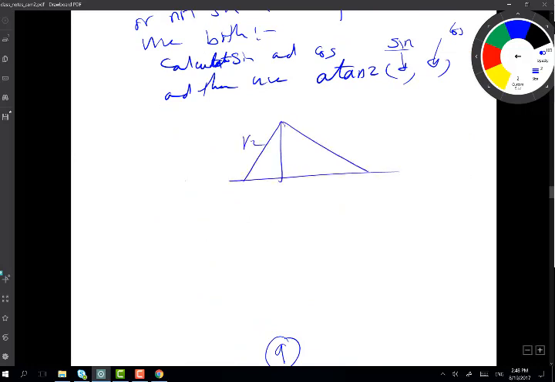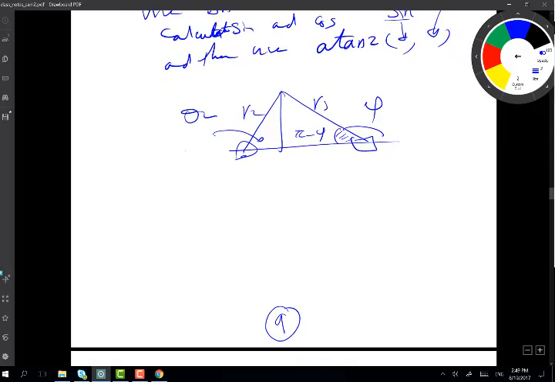This is R2, and this is R3, and this is phi, with theta 2 here, so this angle here is pi minus phi. I can use the sine rule by saying that sine of pi minus phi divided by the opposite, which is R2, will be equal to sine theta 2 divided by the opposite, which is R3.